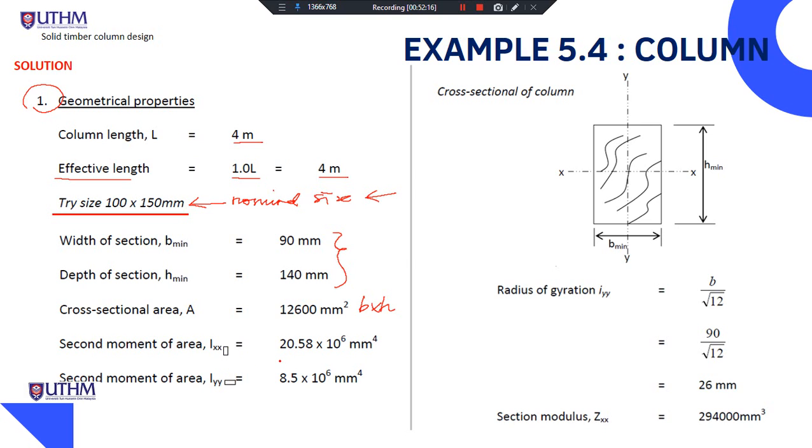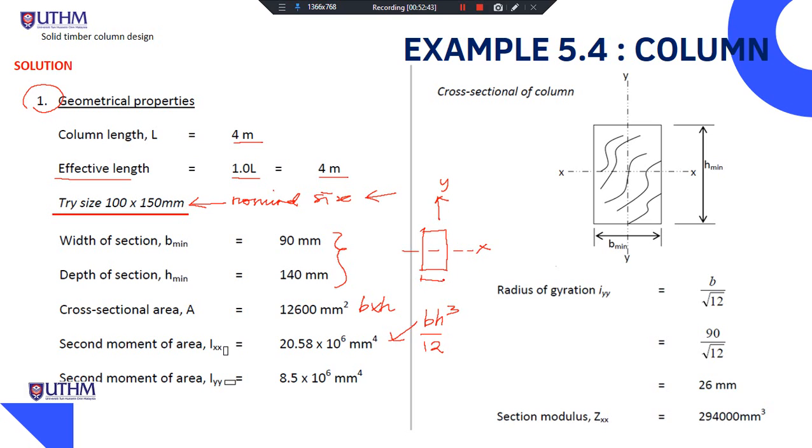The second moment of area is 20.58 times 10 to the power of 6 millimeter to the power of 4, where our Ixx is BH cubed divided by 12. For this case, this is our X axis, and here is the Y axis.